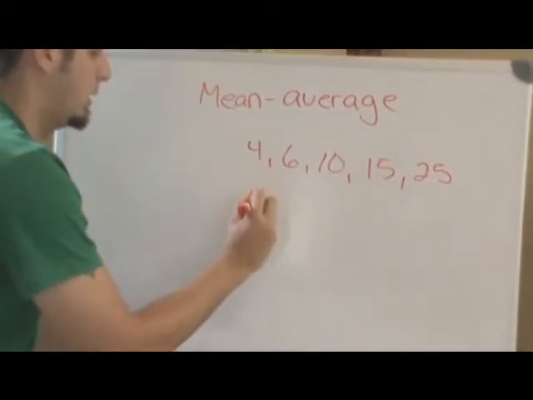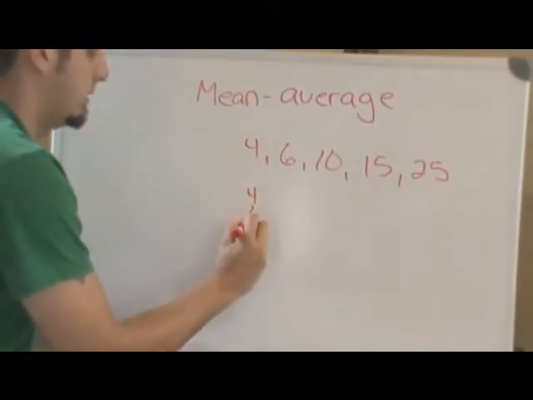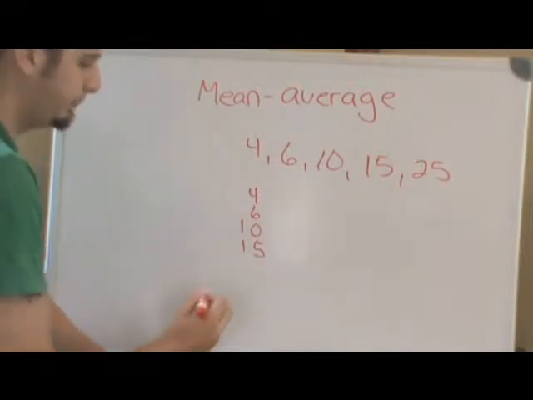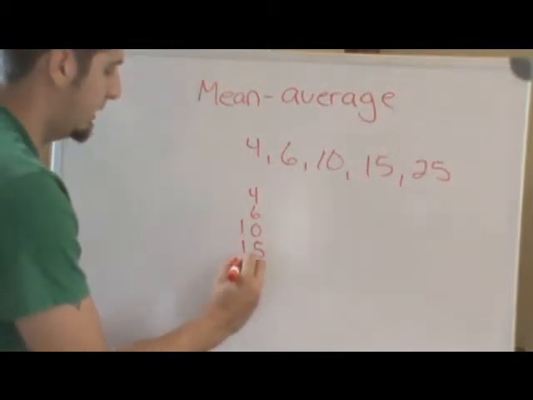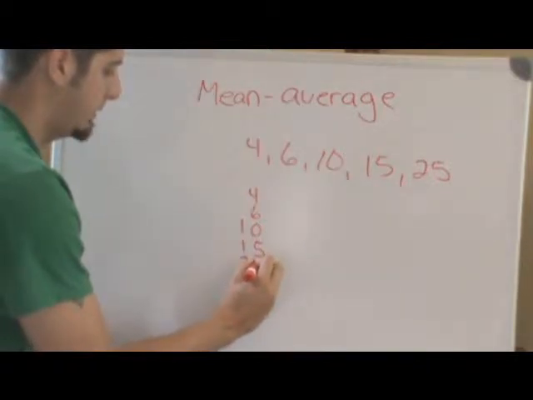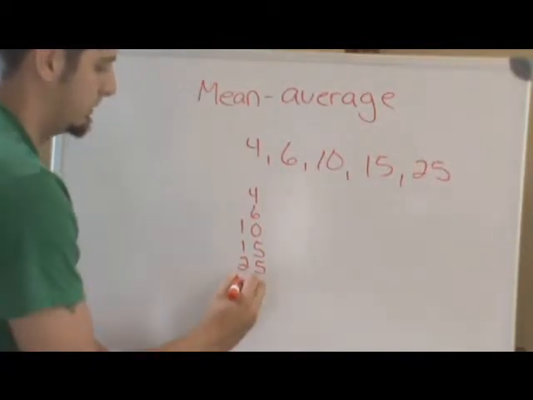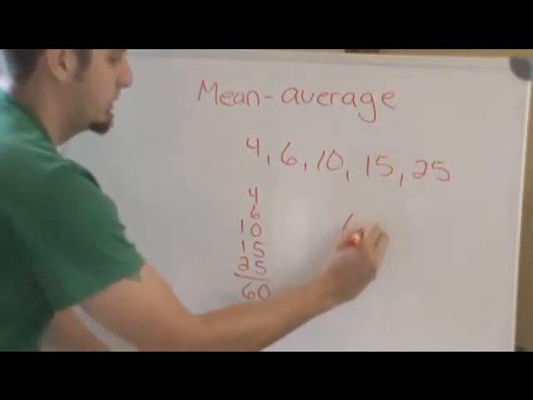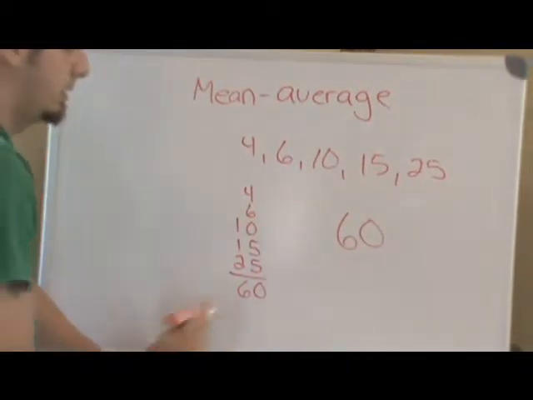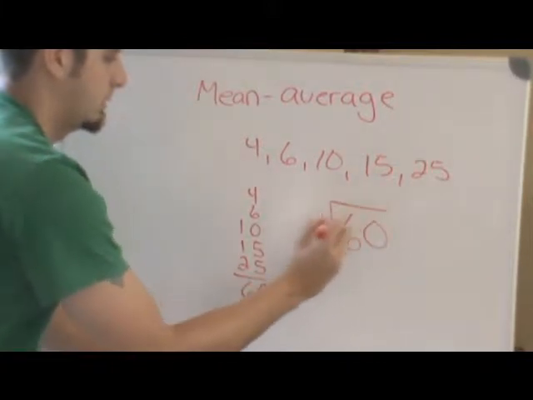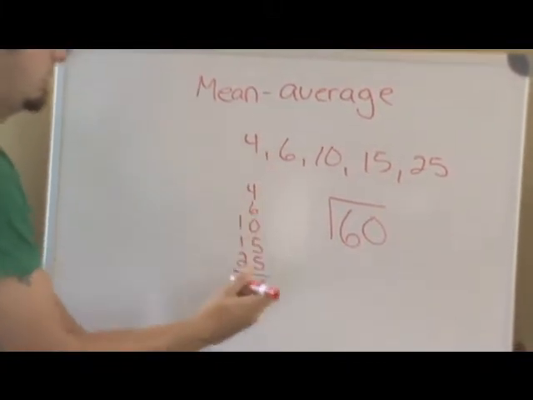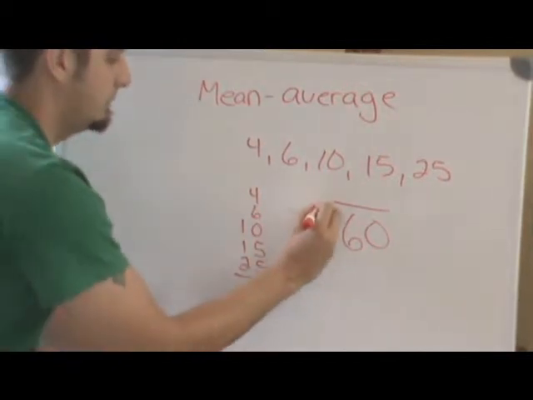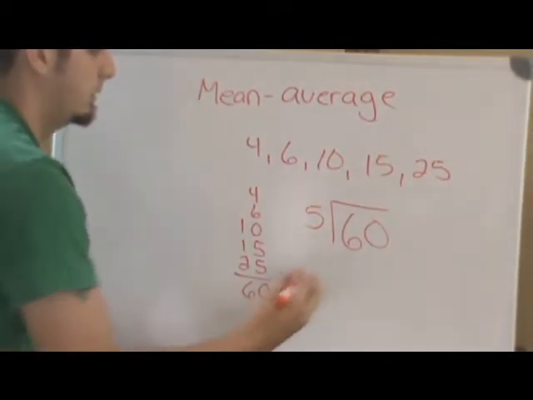So we'd do 4 plus 6 is 10, plus 10 is 20, plus 15 gets me to 35, plus 25 gets me to 60. So I added up my 5 numbers, I got a total of 60. So now I'm going to take the total numbers I just added, which is 5, and I'm going to divide that 60 by 5.